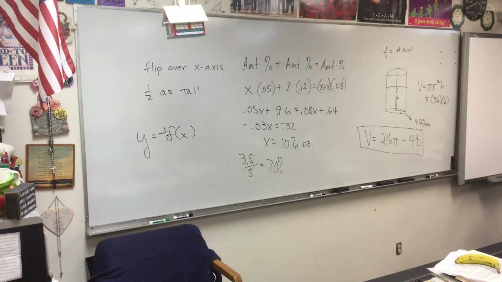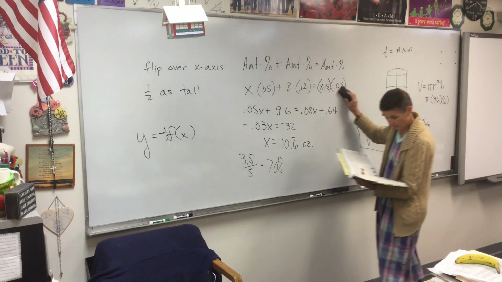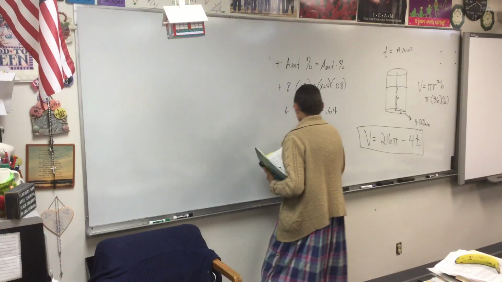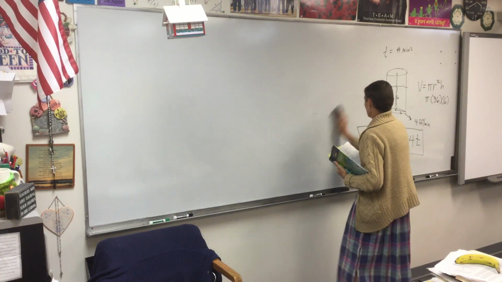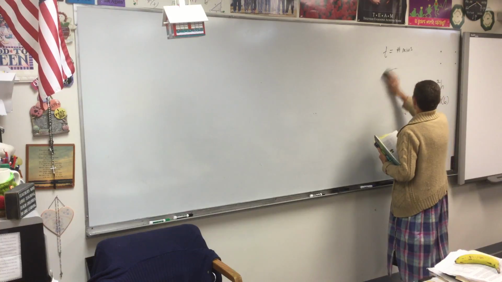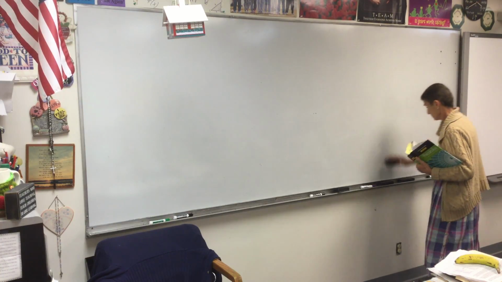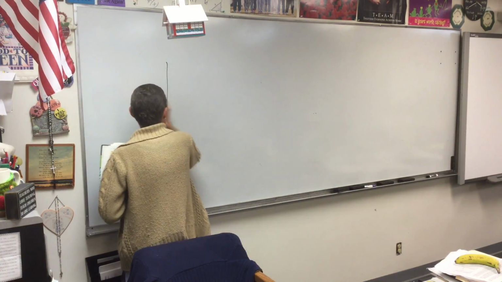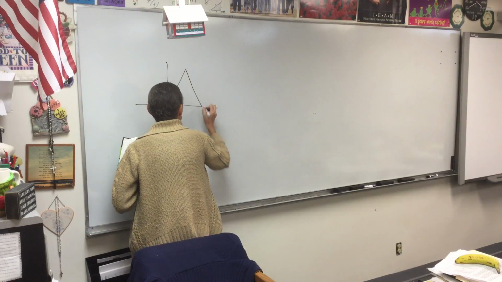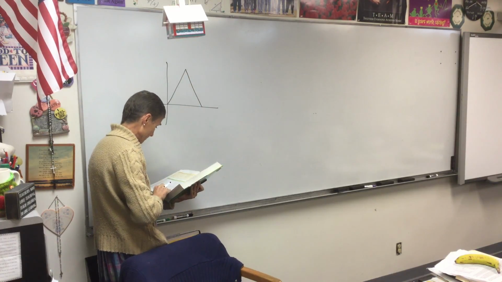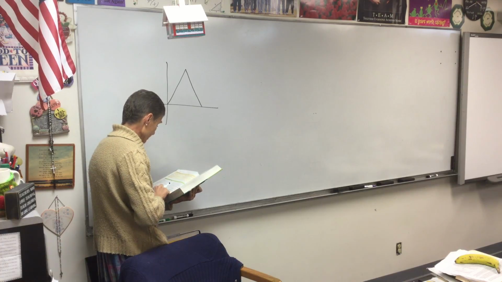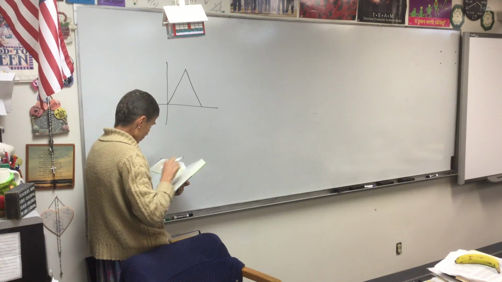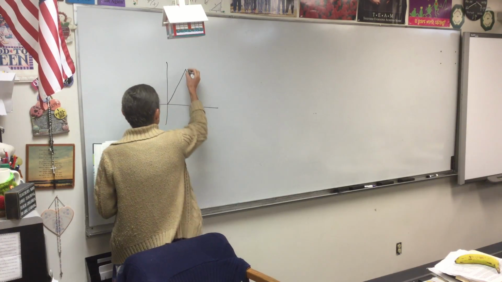The isosceles triangle has its base along the x-axis with one base vertex at the origin. Okay, so that tells me what's going on. Here's my isosceles triangle with one vertex at the origin, and the vertex is in the first quadrant.